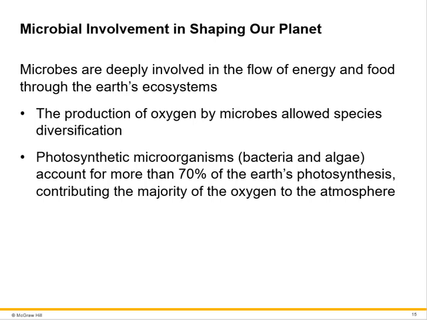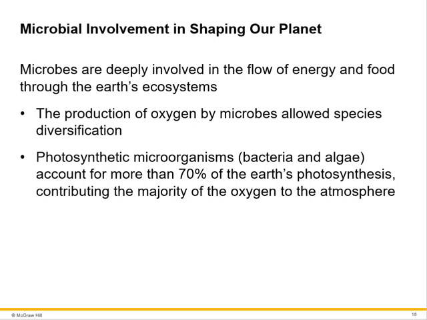Photosynthetic microorganisms, bacteria and algae, account for 70% of the Earth's photosynthesis, contributing to the majority of the oxygen. So in other words, 30% of the Earth's oxygen actually comes from plants, and all the rest, the other 70 percent, is coming from microorganisms.